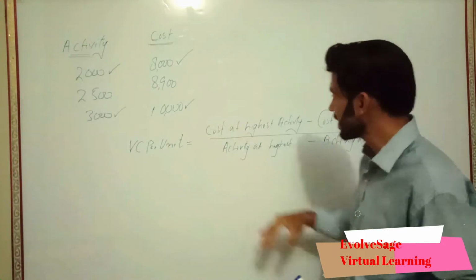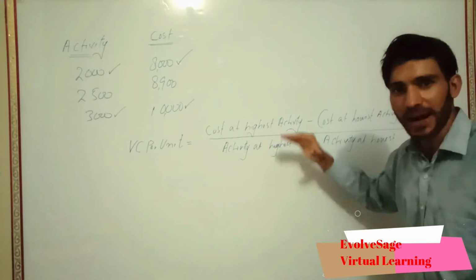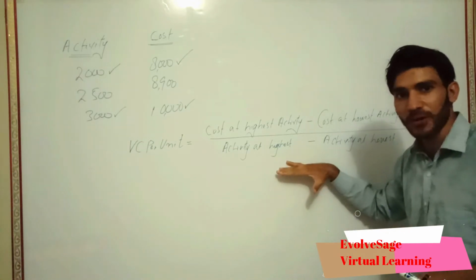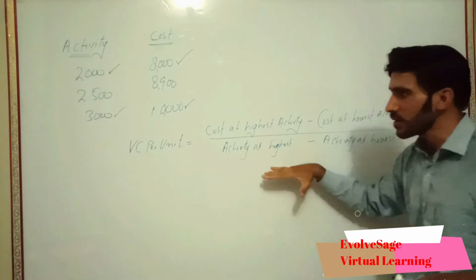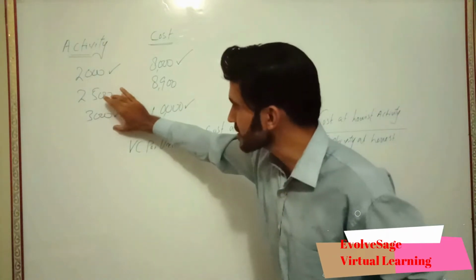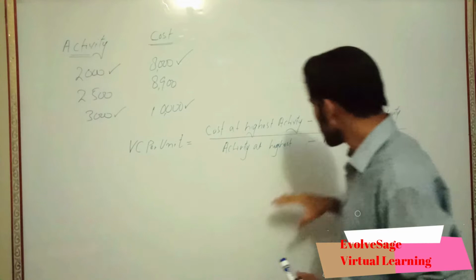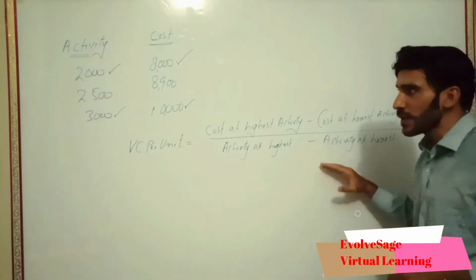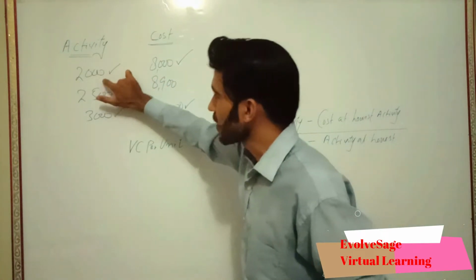Then we divide it by the activity at highest level, which is 3000, minus the activity at lowest level, which is 2000.